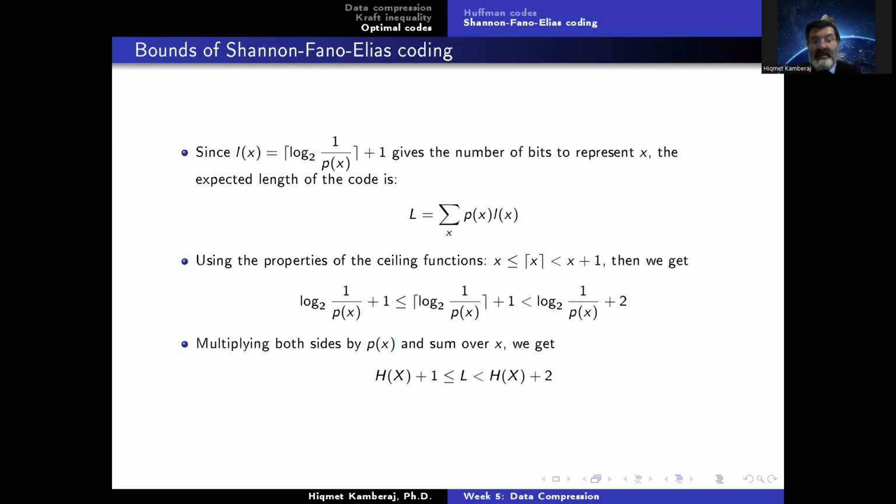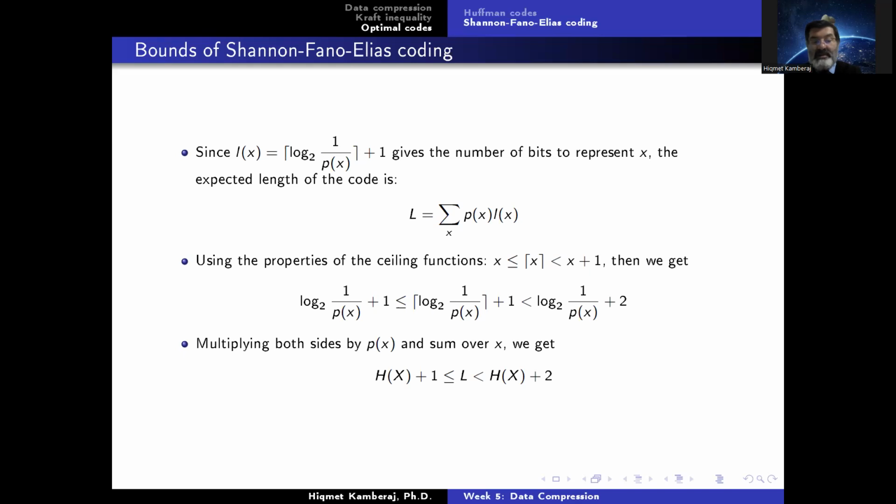Then the expected length of the code, L, is equal to the sum over all x of p of x times L of x. Using the properties of the ceiling function, ceiling of x is greater or equal to x and less than x plus 1. Then we get that the ceiling of log with base 2 of 1 over p of x, plus 1, is greater or equal to log with base 2 of 1 over p of x plus 1, and less than log with base 2 of 1 over p of x plus 2.